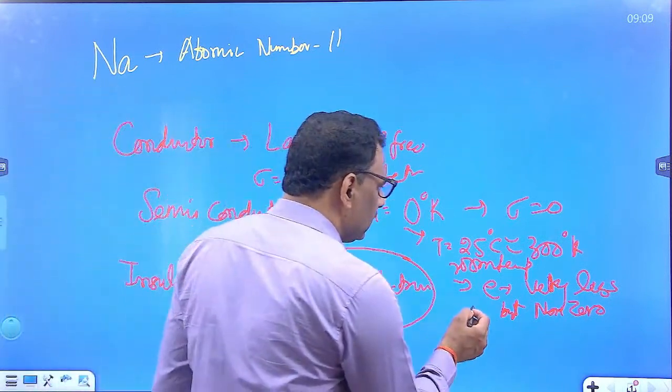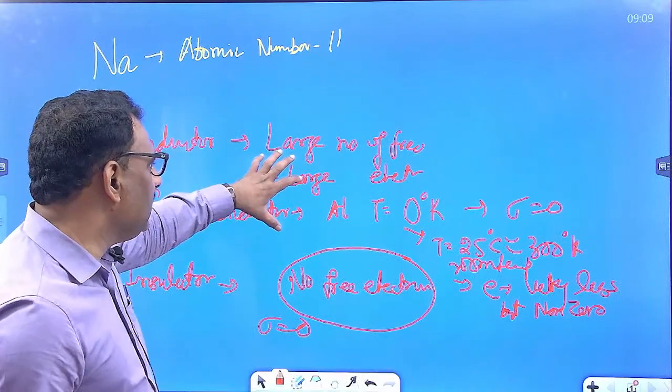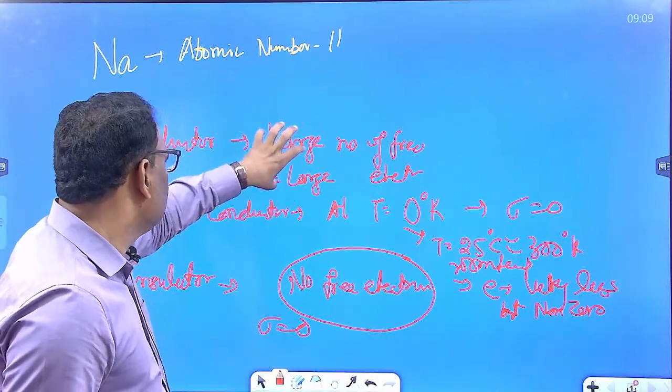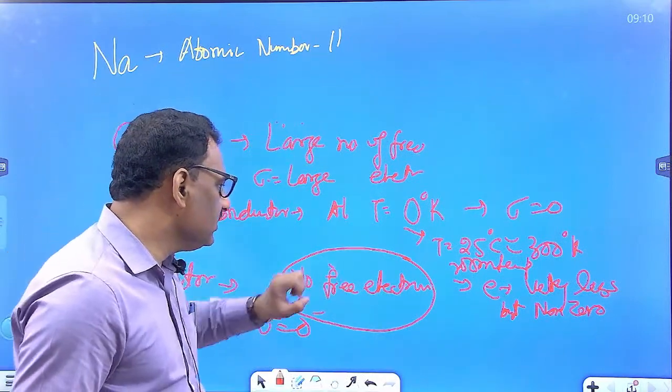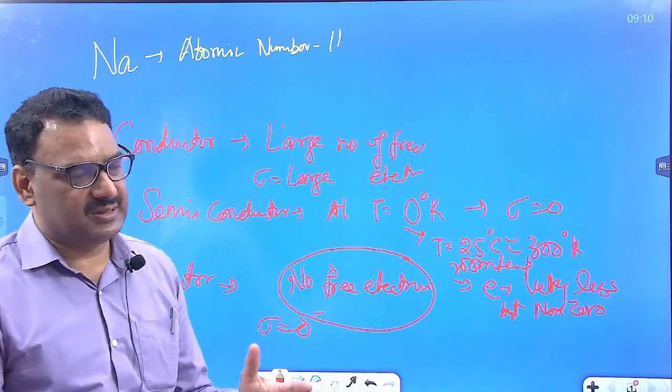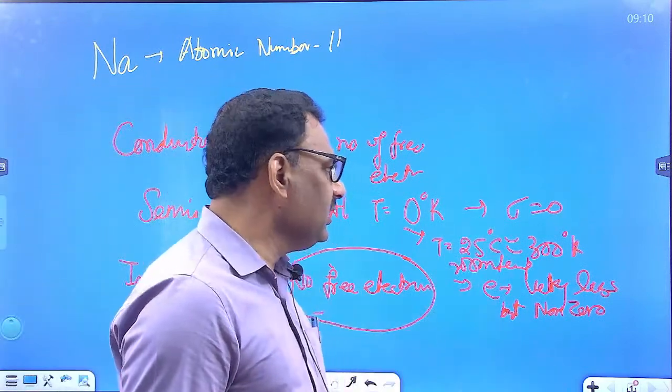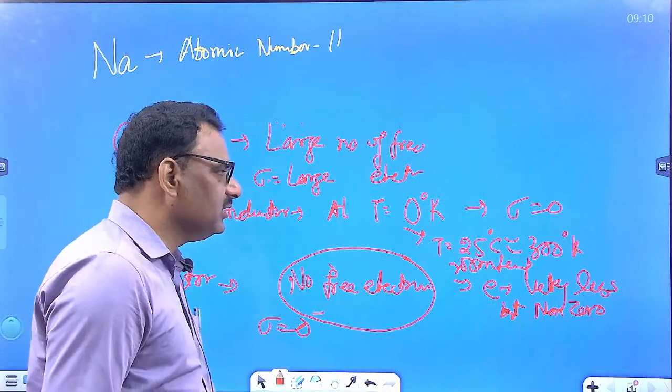So the conductivity lies between the conductor and the insulator: less than the conductor but more than the insulator.